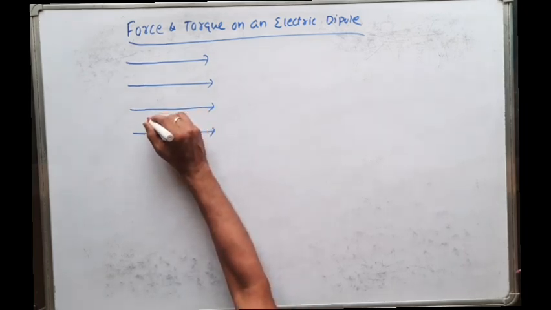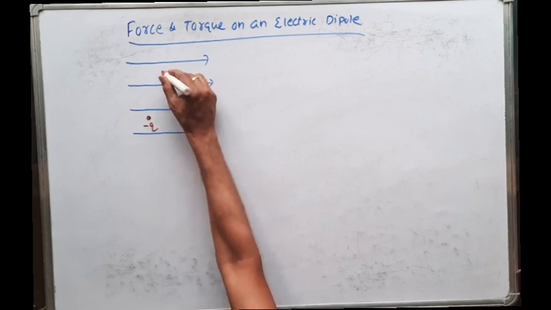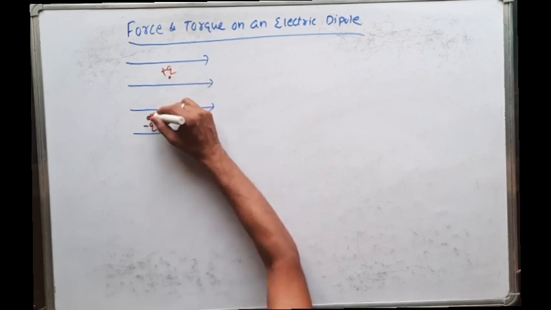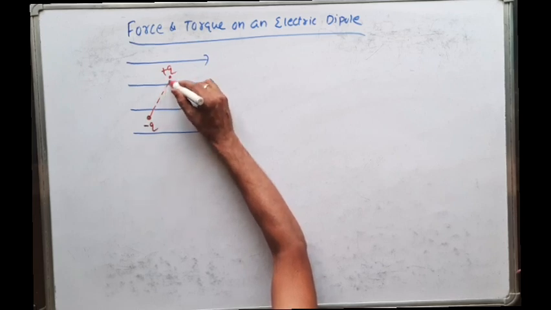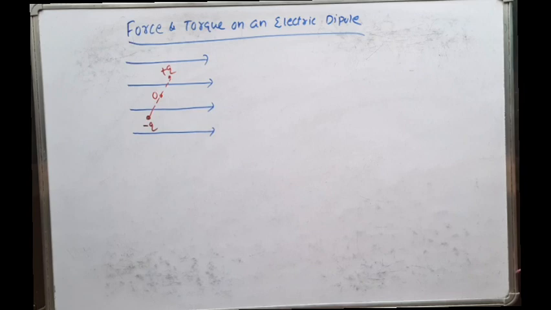Let us say this is a dipole, this is minus q, this is plus q. So this is an electric dipole. This is the center of the dipole. So here, what will happen?